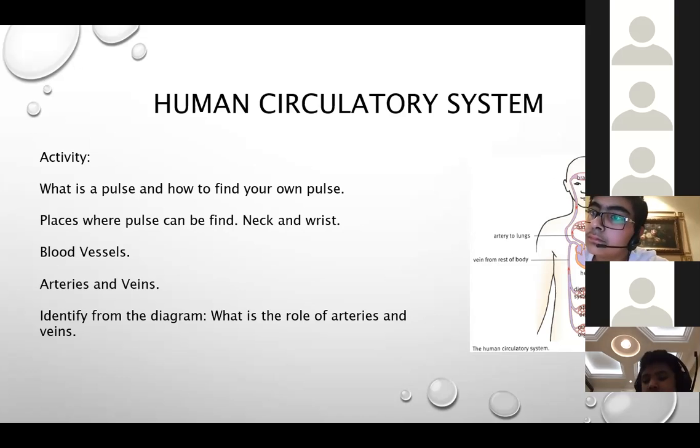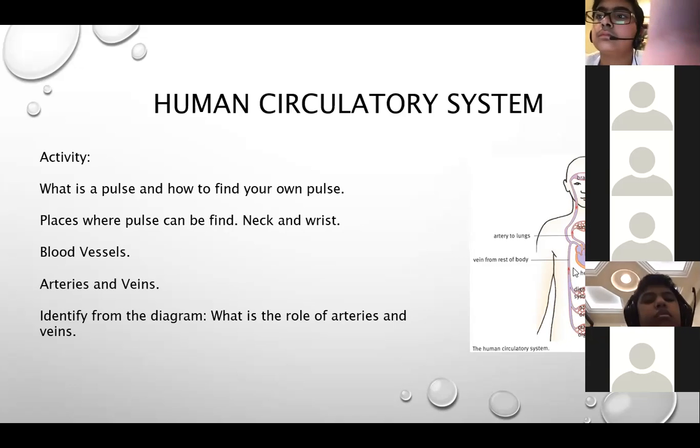This diagram shows that the blue part is the receiving part and the red part is the distributing part. So we are collecting from the blue side and distributing from the red side. Anything going away from the heart to organs is an artery, and then it goes back to the heart through the veins.